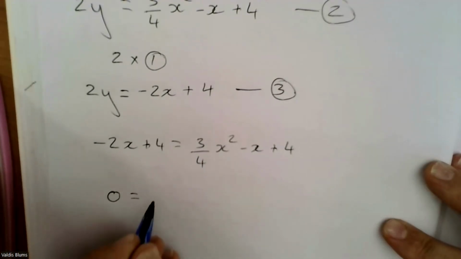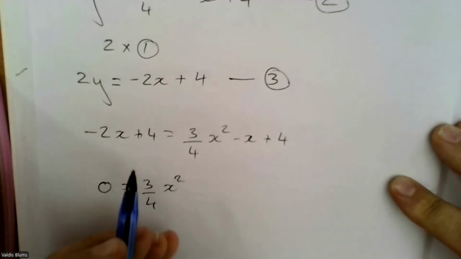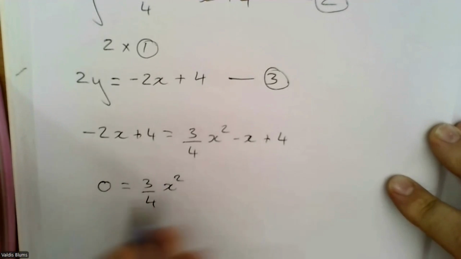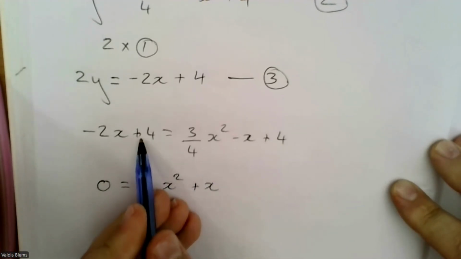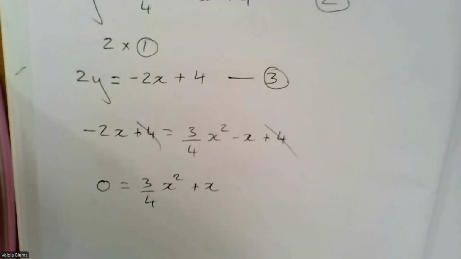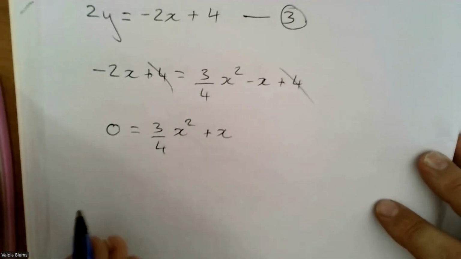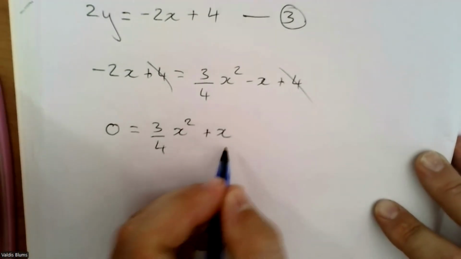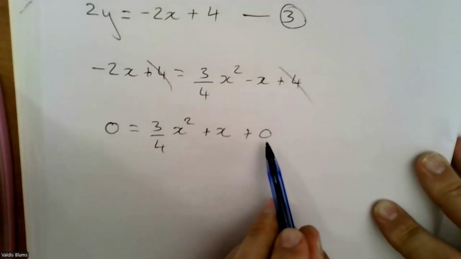So 0 is equal to 3 on 4x squared minus x plus 2x, so positive x, and then plus 4. Well, that's a plus 4 on either side, so they can just cancel each other out there. Now, my c value is going to be 0 in this case.